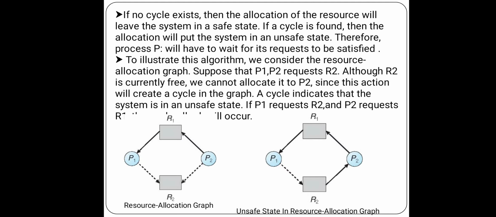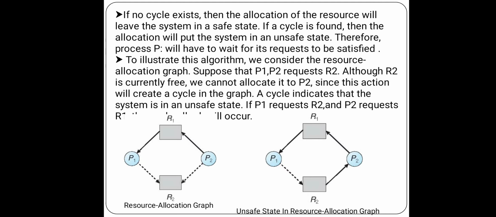First, the resource allocation graph: P1 requests R2 and is holding R1. P2 requests R1 and in the near future requests R2.